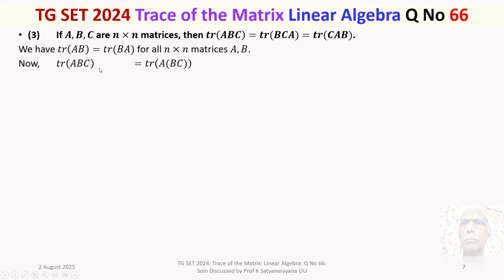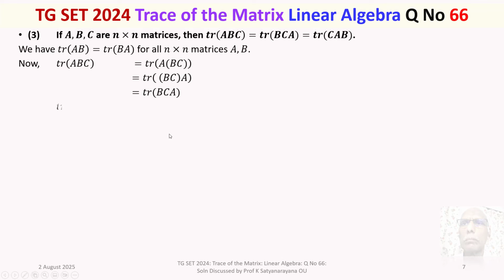Now, trace of ABC is equal to trace of A into, in brackets, BC. Right. And use now trace of xy is equal to trace of yx. This will be equal to trace of BC in bracket A. That is same as trace of BCA.